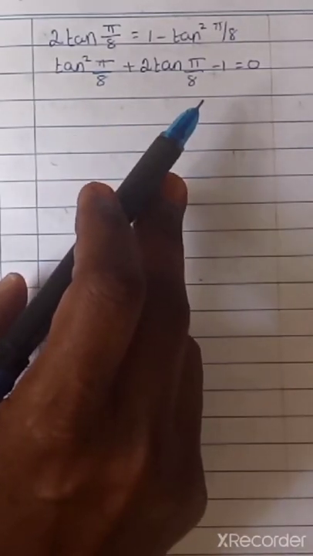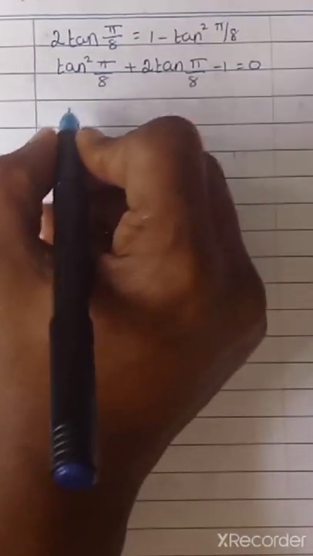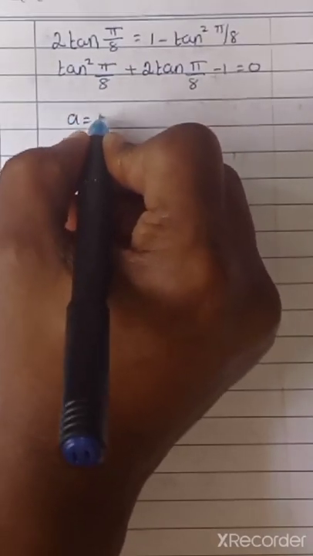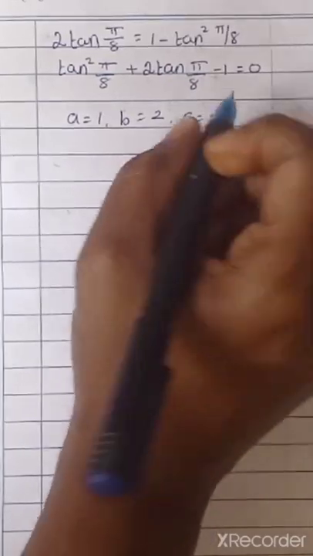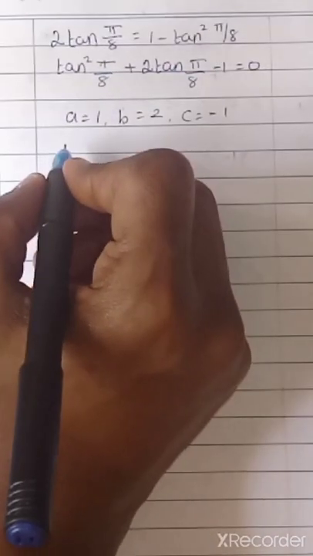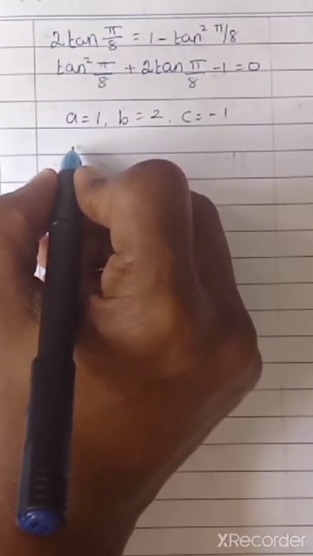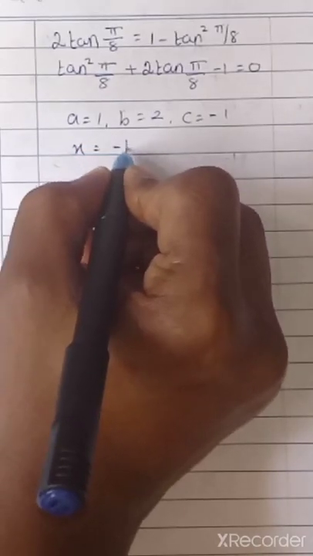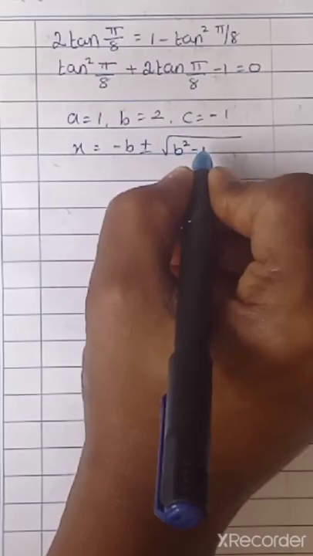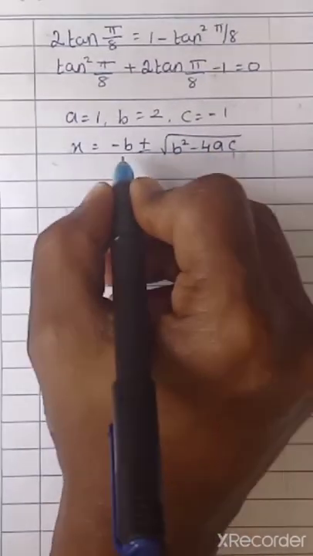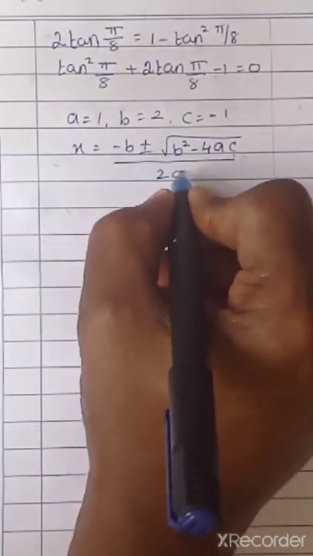Now, we are going to find the answer for this quadratic equation. What formula can we use? We can take a equal to 1, b equal to 2, c equal to minus 1. The formula is x equal to minus b plus or minus root of b square minus 4ac by 2a.